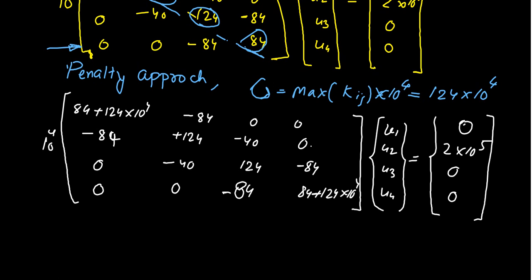Substituting this in the equation, for example U1, you will get 0.